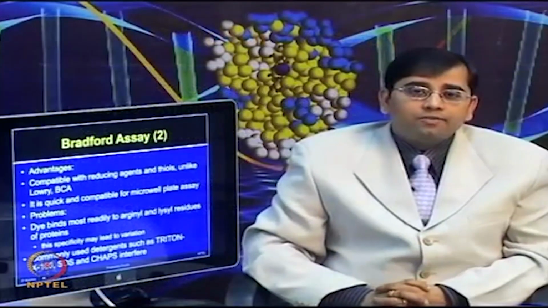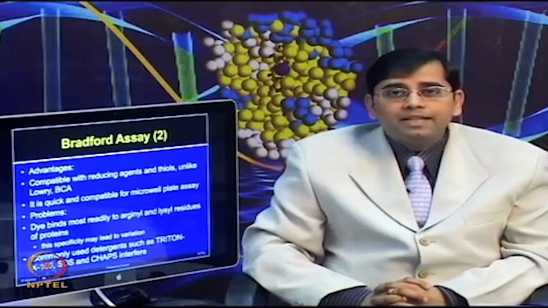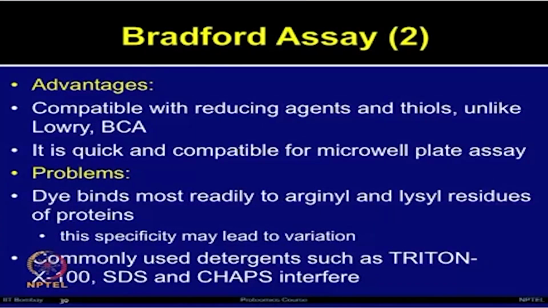The Bradford assay has various advantages as compared to the Lowry or BCA method, because it is compatible with reducing agents and thiols, which was not the case when we talked earlier about the Lowry and BCA methods. This method is also very quick, and it is compatible with micro well plate assays, which can be performed in the 96 well format.